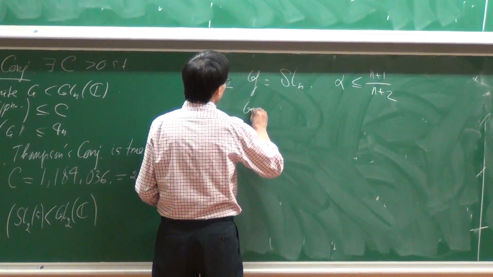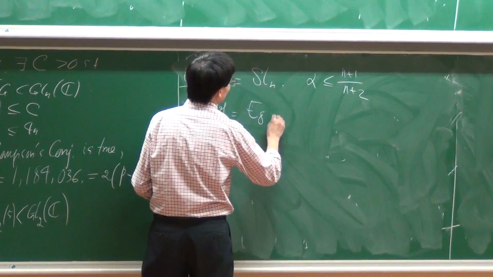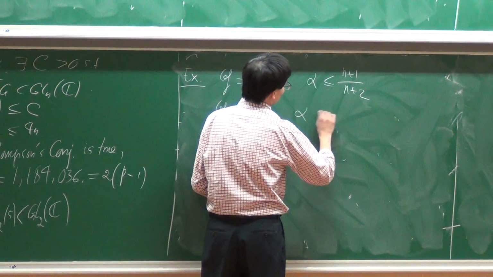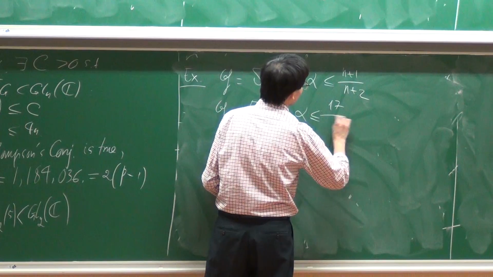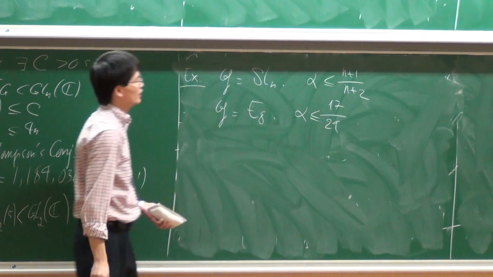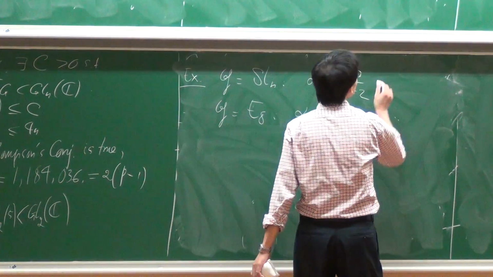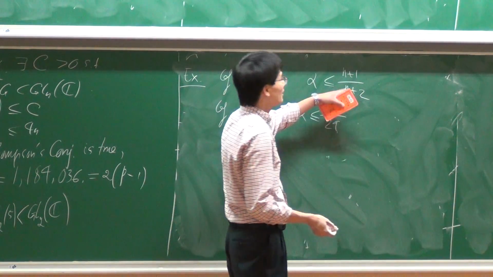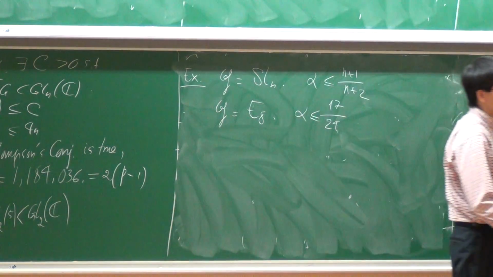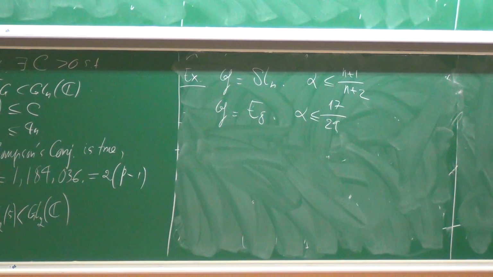And if your G is E8, the value of alpha is 17 over 29. Okay, and you can show that actually this bound is very close to the best possible one.